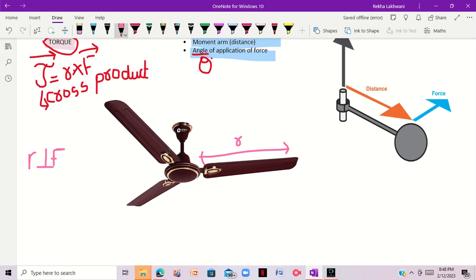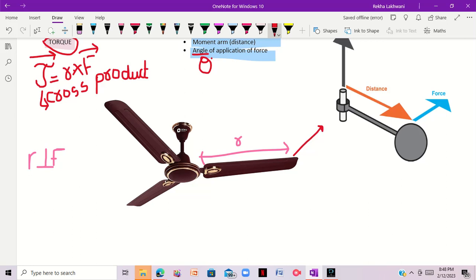So now what will happen? I will not apply this force parallelly. I'll apply this force perpendicular to this moment arm, to this distance, somehow in this way, because I want to rotate.